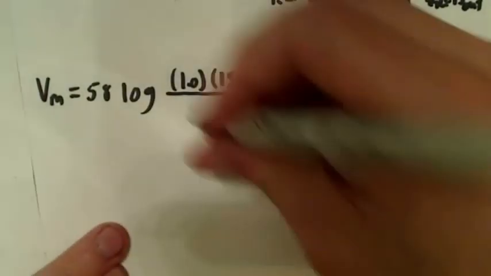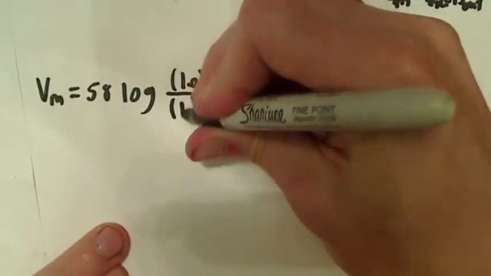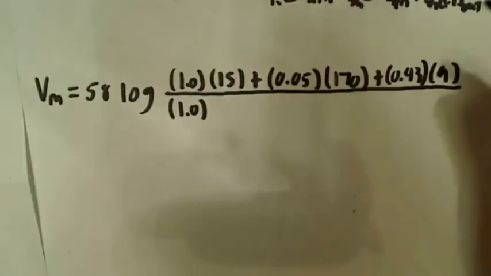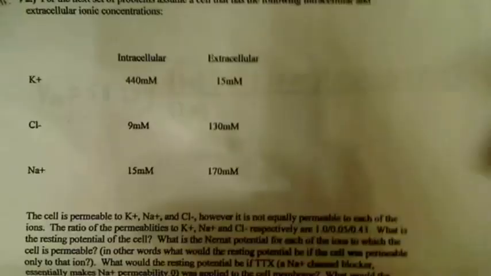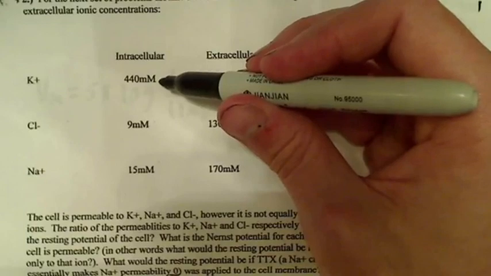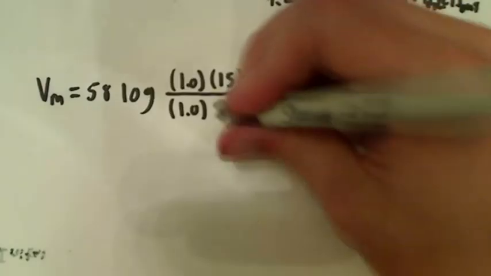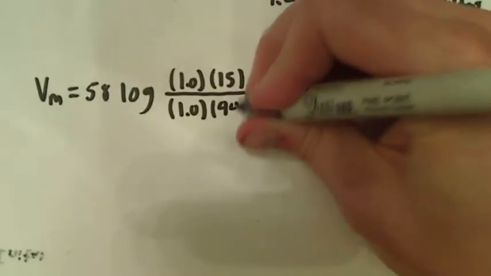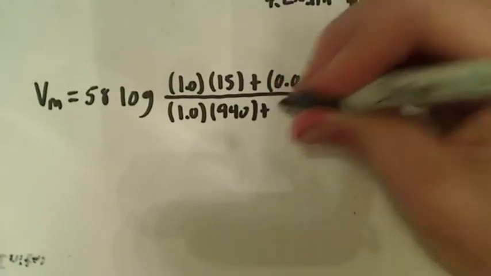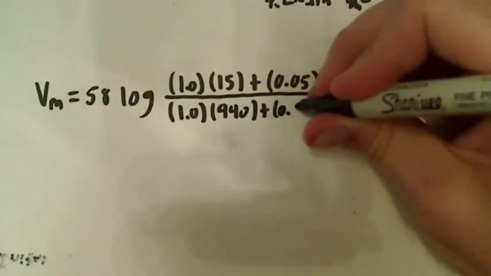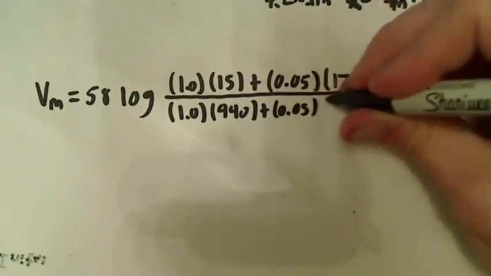I'll do the same thing down here. Again, the permeability constants remain the same for all of these. That's not going to change. But now we want to know what the potassium concentration is inside the cell, and that's 440. So this gets 440, plus the same 0.05.